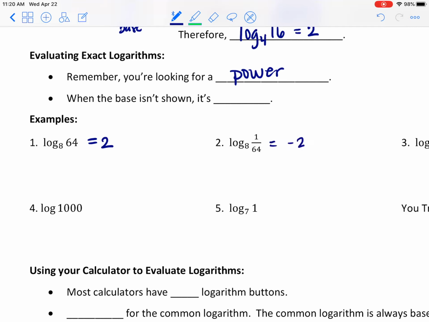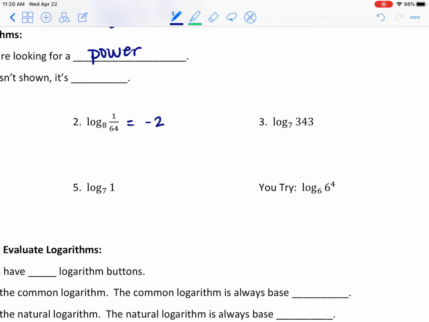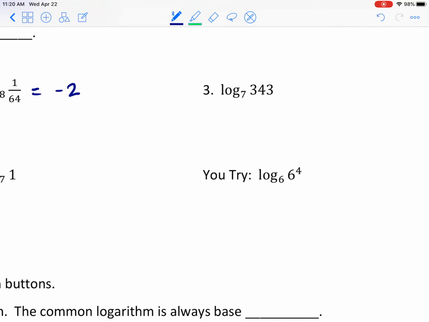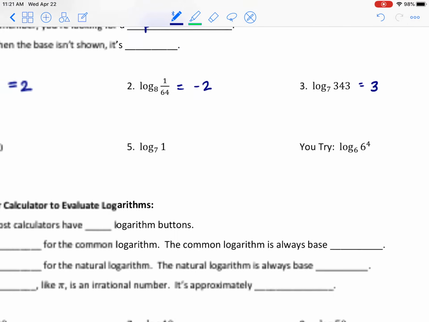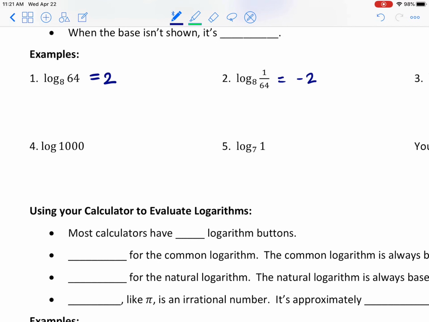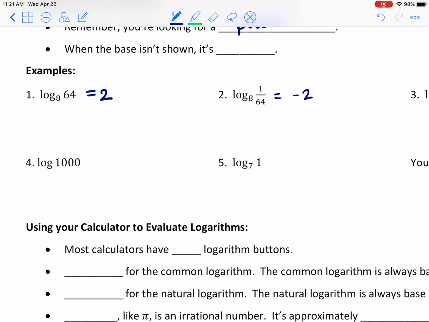That's what the next question is asking. Log base 8 of 1/64 is asking, 8 to what power makes 1 over 64? Well, that would have to be a negative 2. How about here? Log base 7 of 343 is saying, 7 to what power makes 343? The third power. So that's equal to 3.